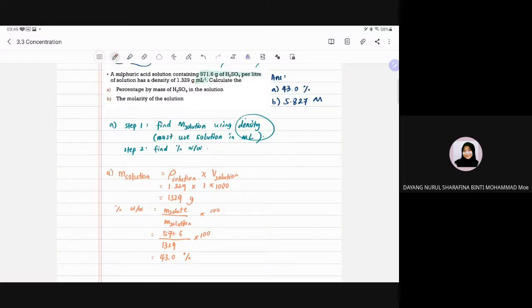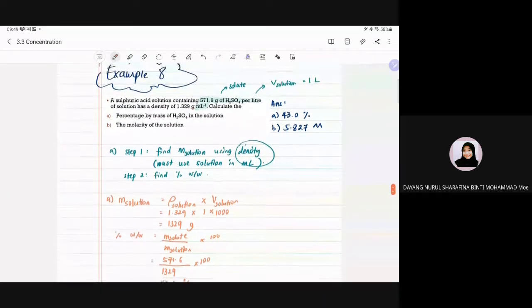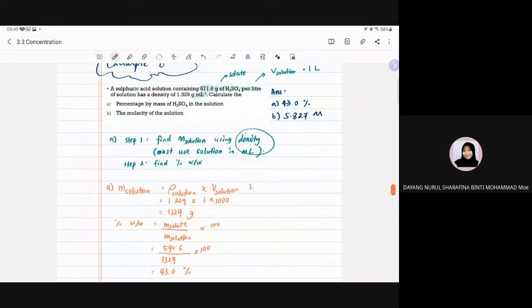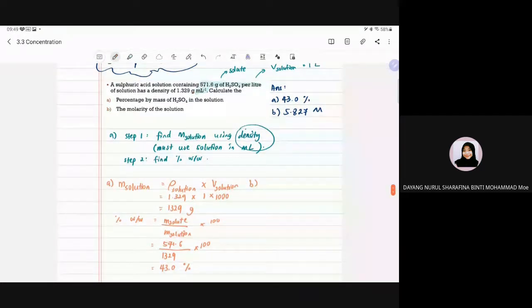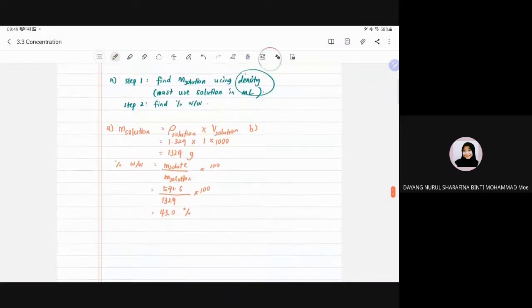Okay. Now, bahagian B tu nak check molarity pula. Okay, molarity. Kita kena cari number of mole dulu.